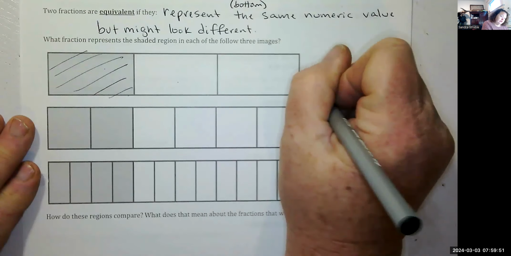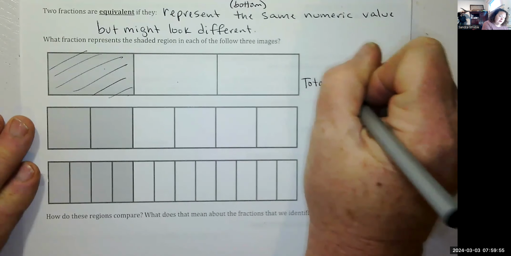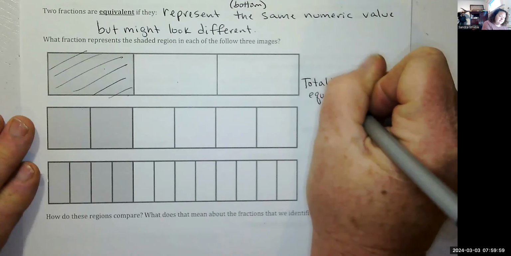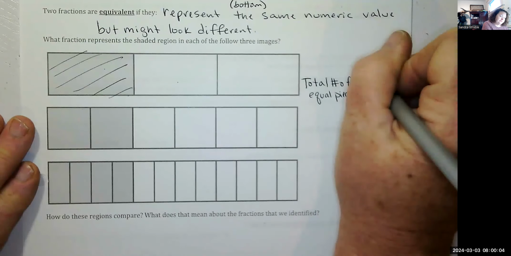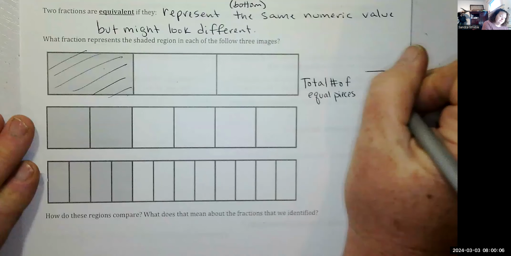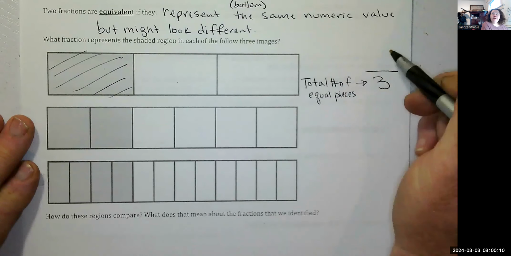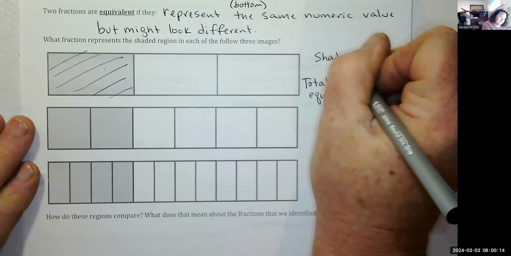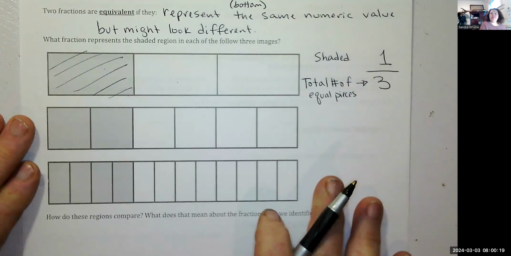So the total number of equal pieces is going to be your denominator, okay? And there's 3. And the numerator in the top is going to be the shaded portion. And that is 1. 1 out of 3 is what that is representing.